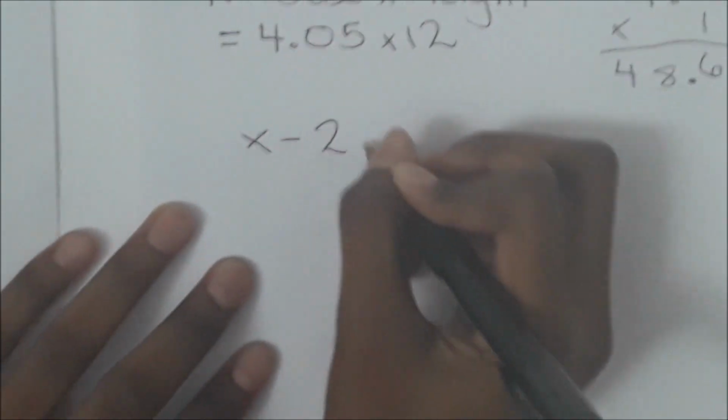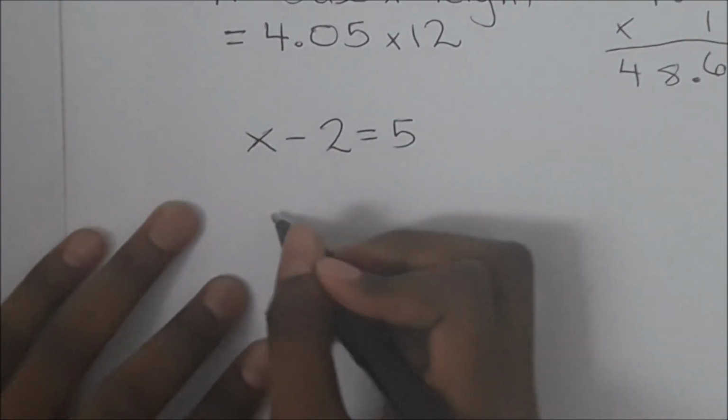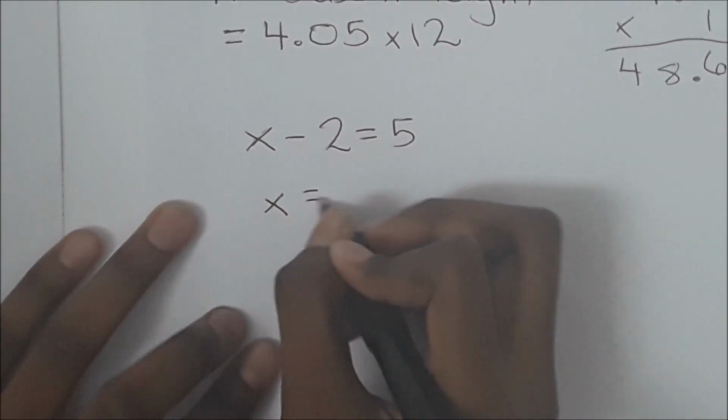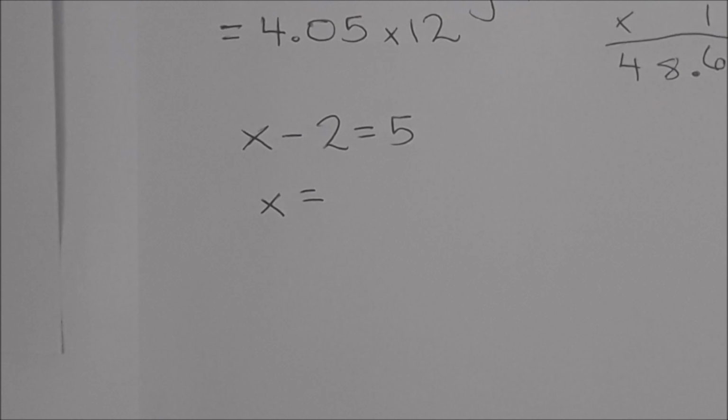So we write x minus 2 is equal to 5. And then under that put x is equal to. So you have to get rid of the negative 2. If you take it across the equal sign, you have to change the sign. Or you can put positive 2 to get rid of the negative 2 at the front, so you have to put positive 2 at the back.